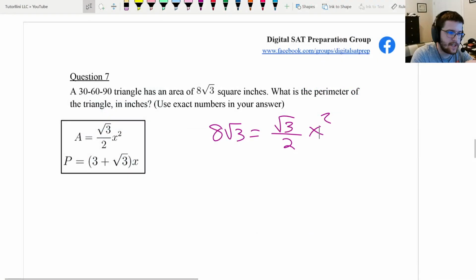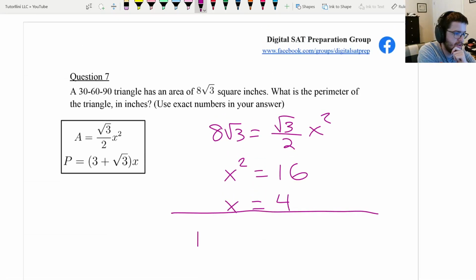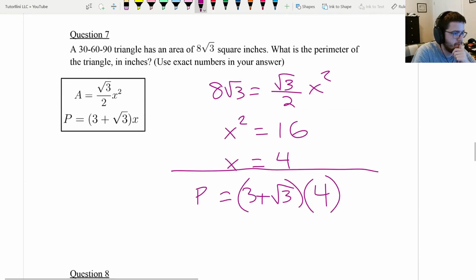So let's come back over here. So our equation should look something like this. X squared equals 16. We take the square root of both sides and we get x equals 4. And that's important, but it's not our final answer. And for the perimeter, we're going to do 3 plus root 3 times 4, because x is 4.